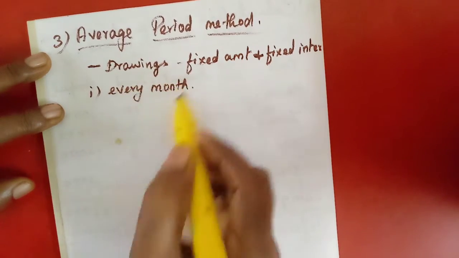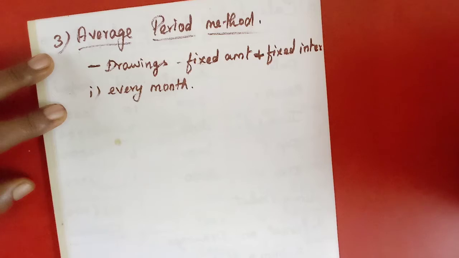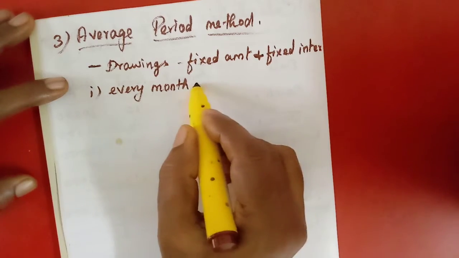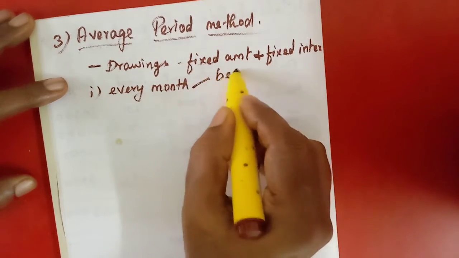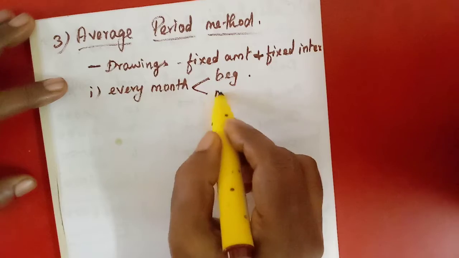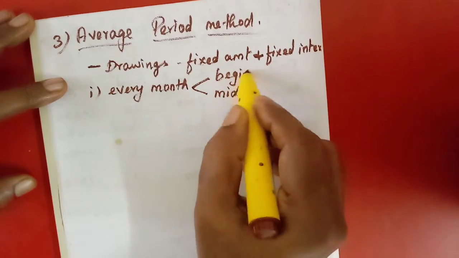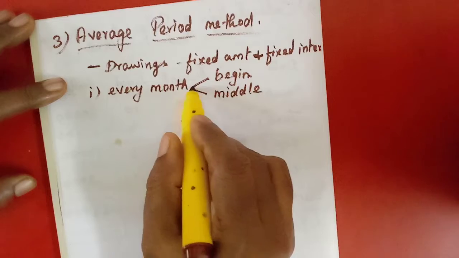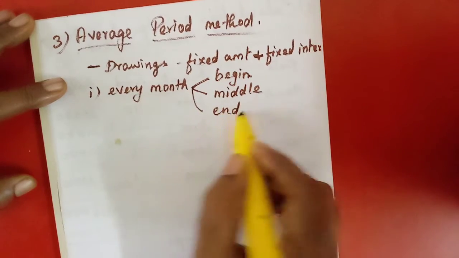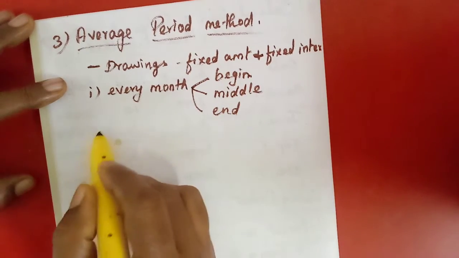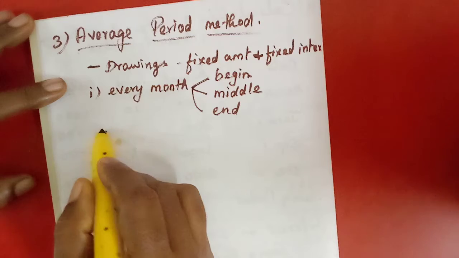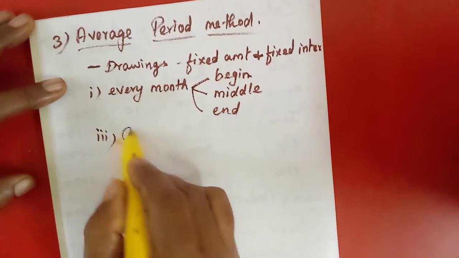Here every month also, maybe at the beginning of every month, or in the middle of every month, or at the end of every month. Then quarterly, they can withdraw quarterly.